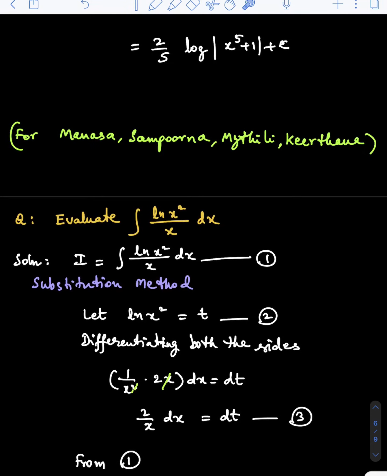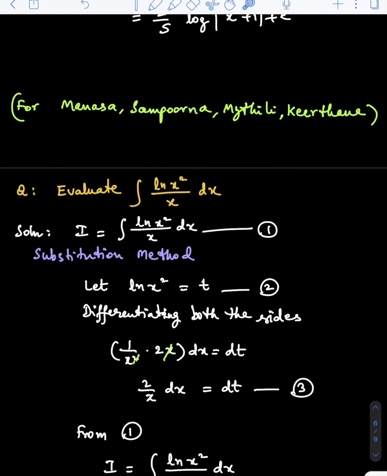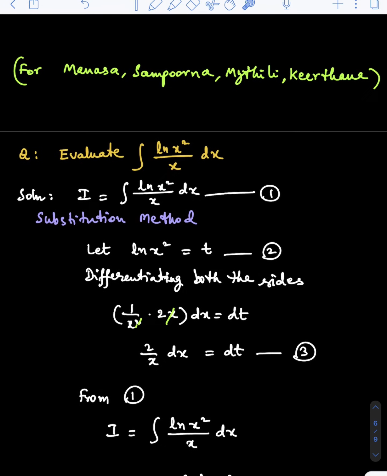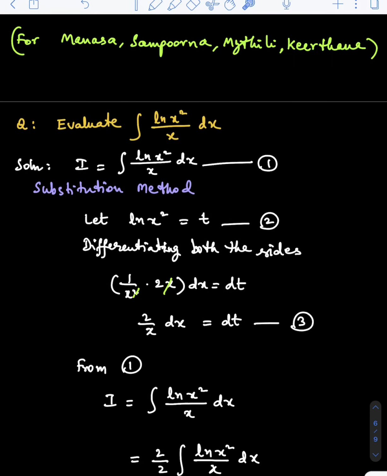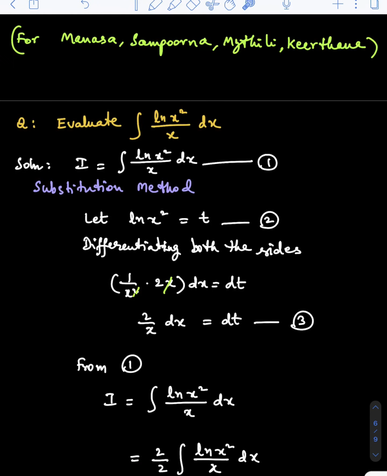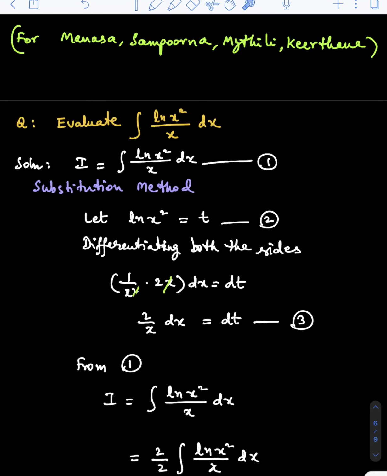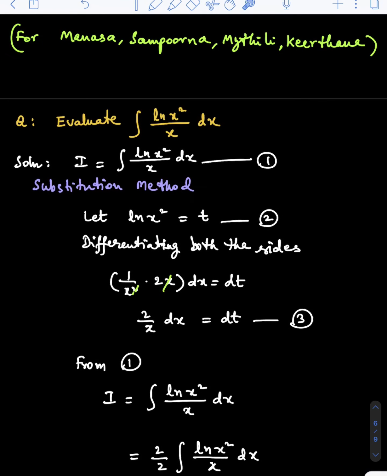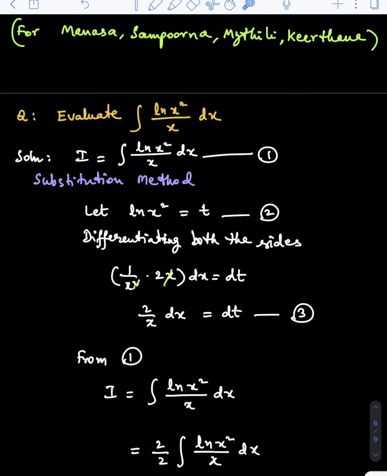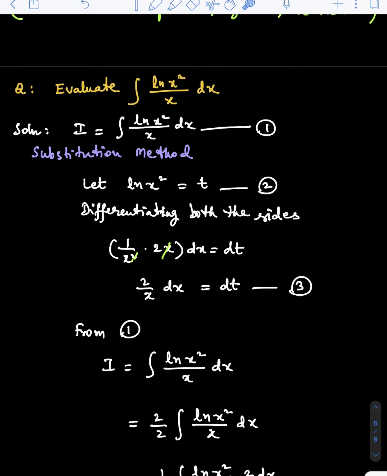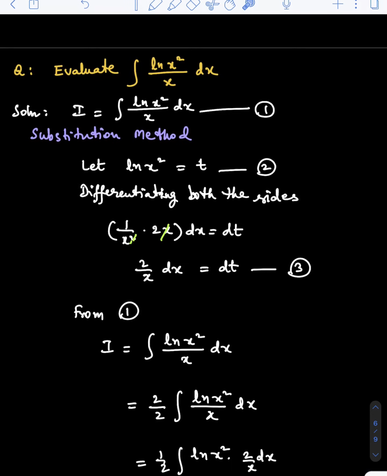So we gave numbers 1, 2, 3. So from 1, see what is step 1. That is repeated here. And after that, why am I taking 2 by 2? Think once. Very good, you are right. I want 2 by x dx. So to get 2, I have to take 2 by 2 there. In next step, 2 goes inside.